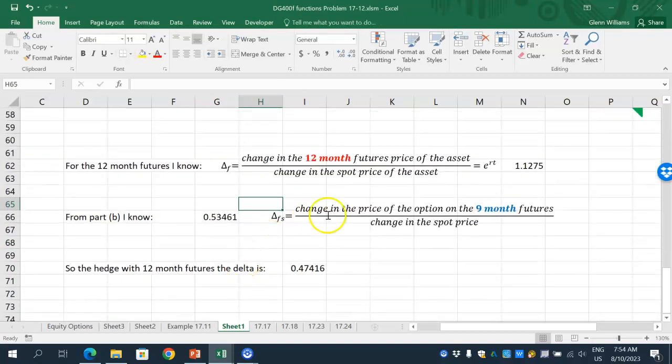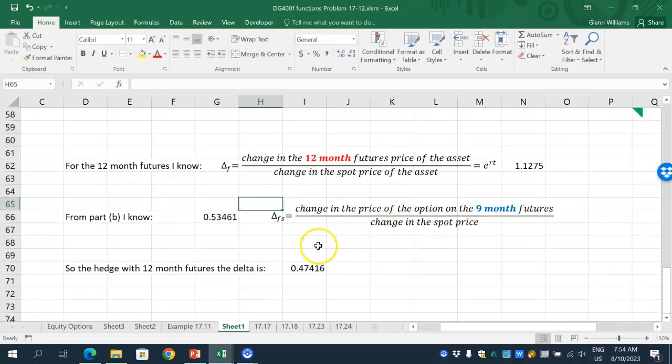And I hope you can see that if you take this equation and this ratio and divide it by this ratio, remember when I divide, I'm multiplying times the reciprocal. So if I take the reciprocal of this, I'll have the spot price on top and the 12-month futures on the bottom, and then the spot price will cancel out if I multiply it times this.